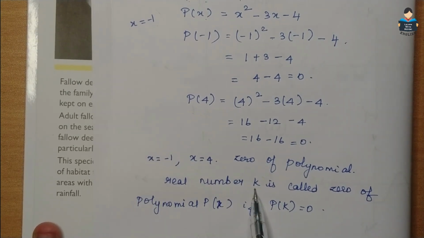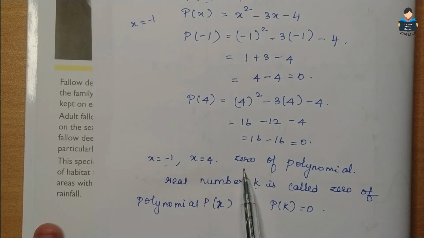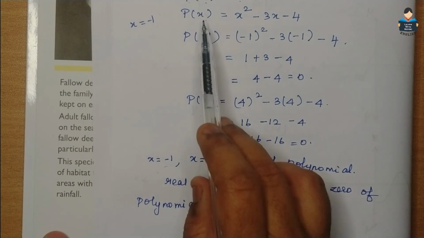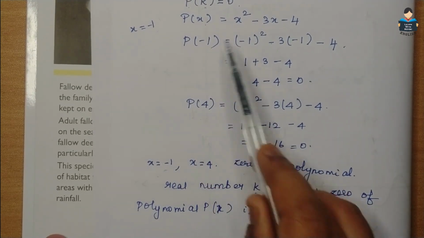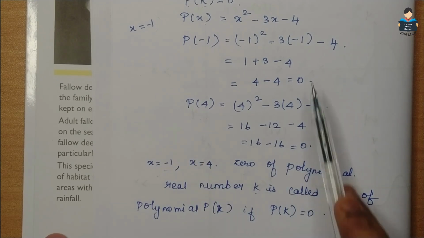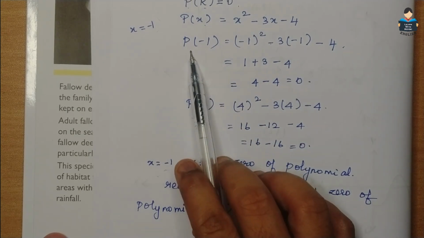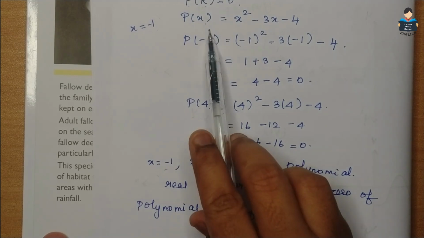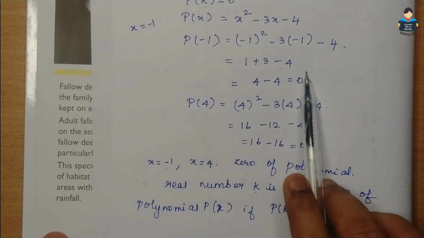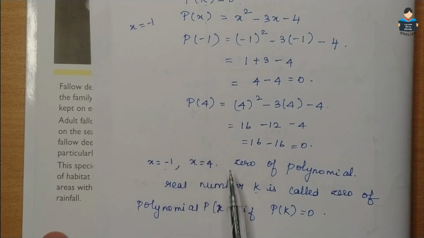So the real number k, here it is minus 1 and 4, are called zeros of the polynomial p of x if p of k, that is p of minus 1 and p of 4, are zeros. We are getting 0 when I substitute minus 1 in place of x and 4 in place of x. Then minus 1 and 4 are called zeros of the quadratic polynomial.